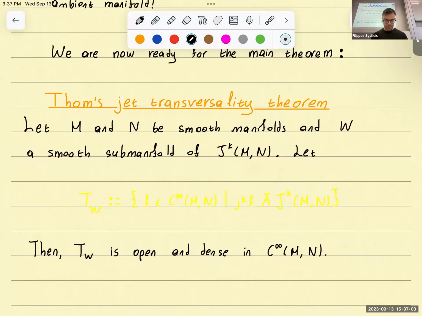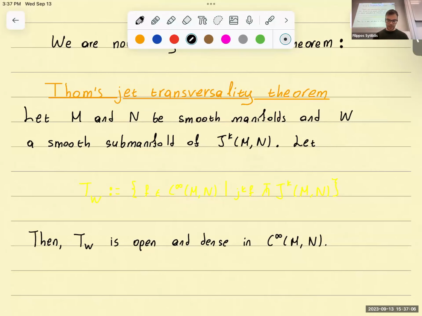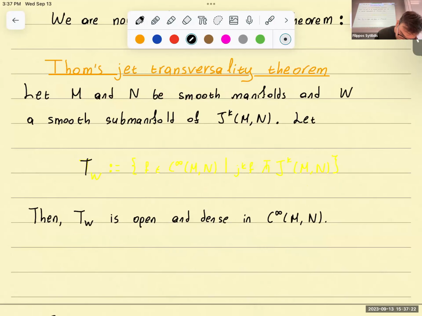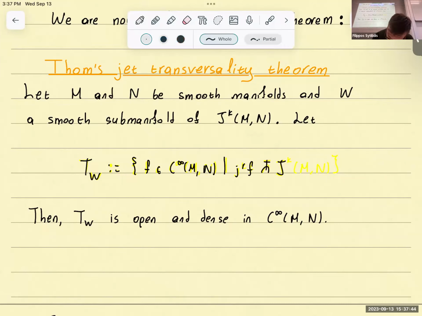So if you give me M and N smooth manifolds and W is a smooth submanifold of the K-jet space of M, N, I can define T_W to be the space of all C-infinity maps from M to N such that the relevant section j^k F intersects W transversally.